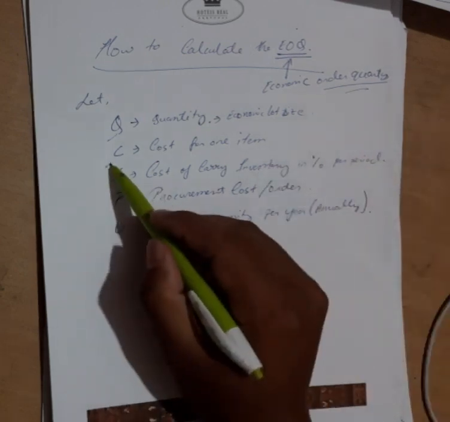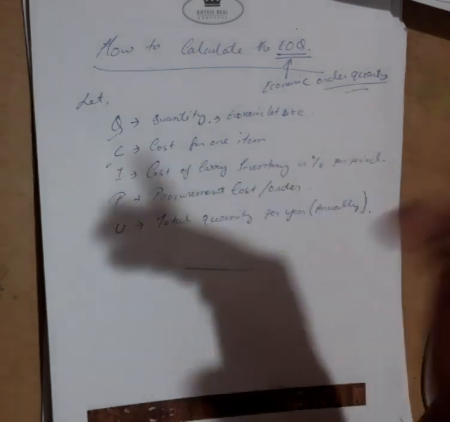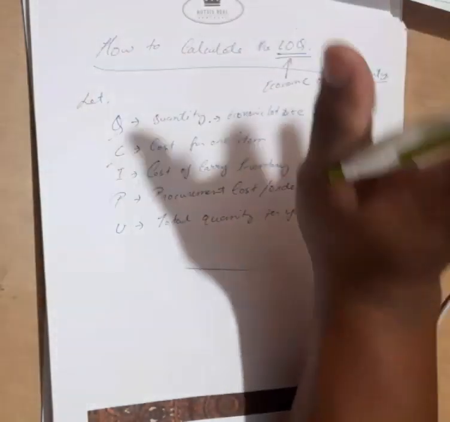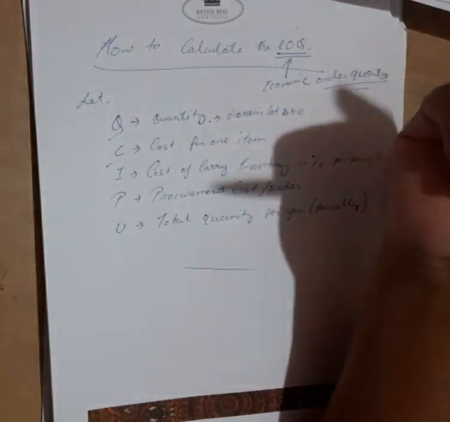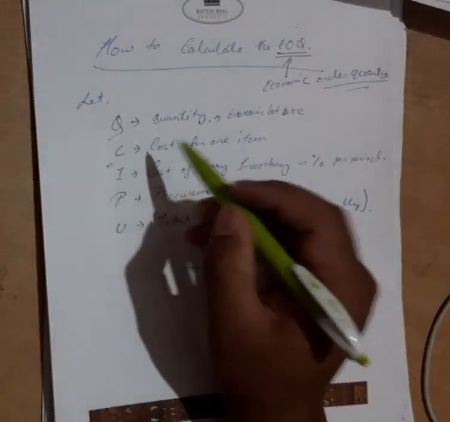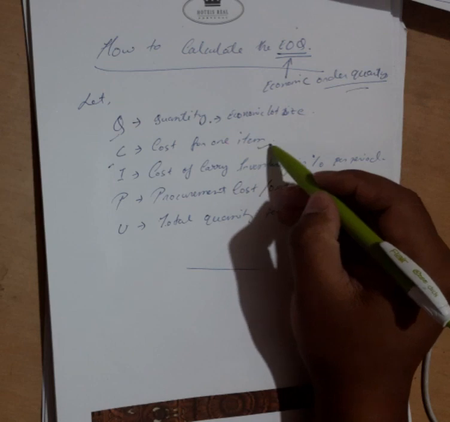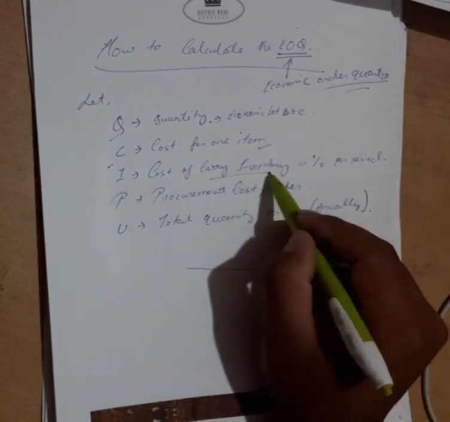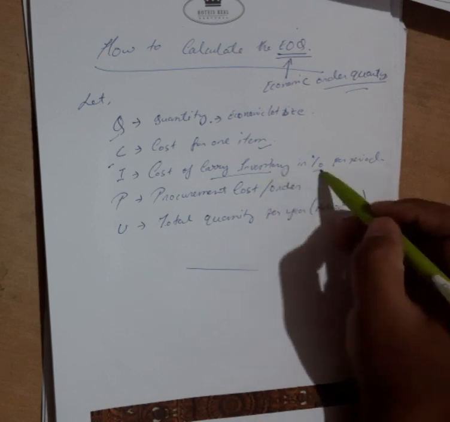Then cost of one item. If you are bringing 1000 kgs of rice, then what will be the cost of 1 kg? Okay, it is not the cost of one grain of rice, it will be the cost of 1 kg. So C will always depend on one item. Then we are assuming I as the inventory carrying cost, which will be in percentage.